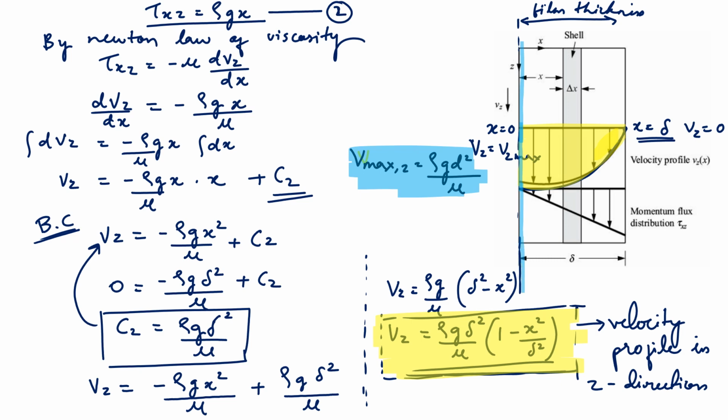Now to find average velocity, I have an equation. The average velocity in z direction equals to volumetric flow rate upon area.